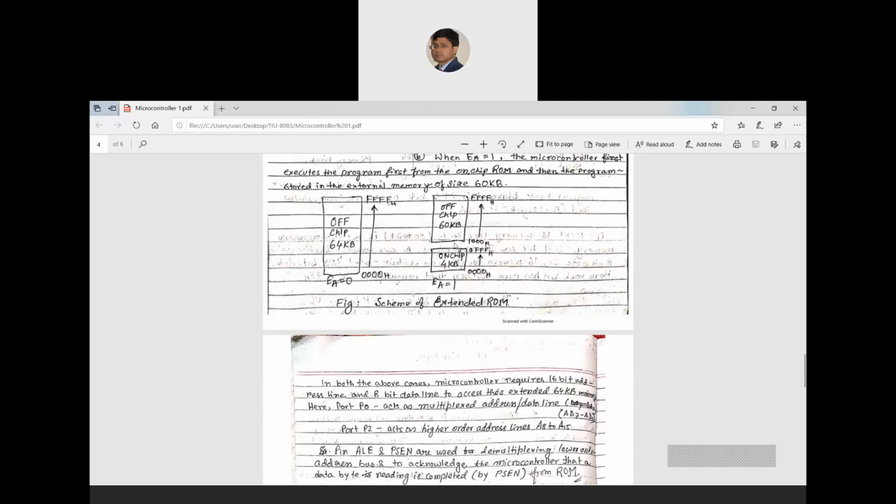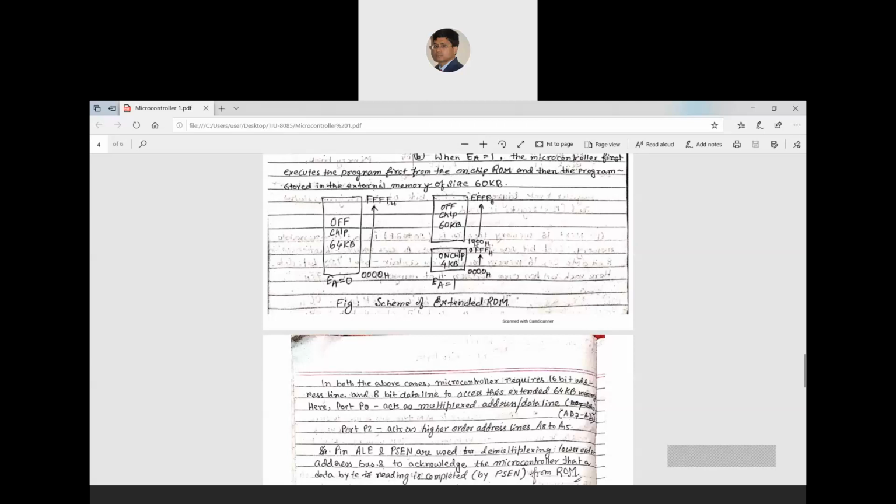Now my question is, as this is a 64 kilobyte ROM and the microcontroller is jumping to the 1000H location, what about the other address space below 1000H, starting from 0000H of that off-chip ROM? That section is not used by the microcontroller.